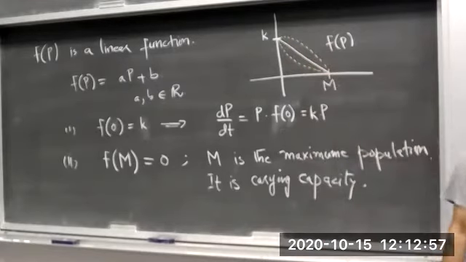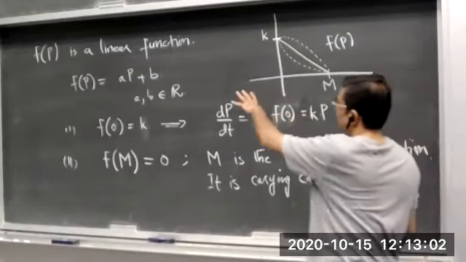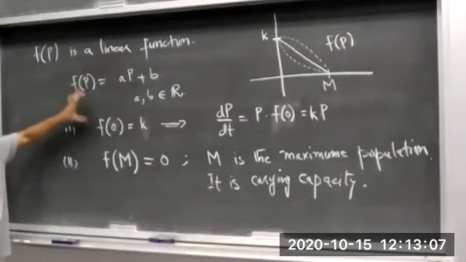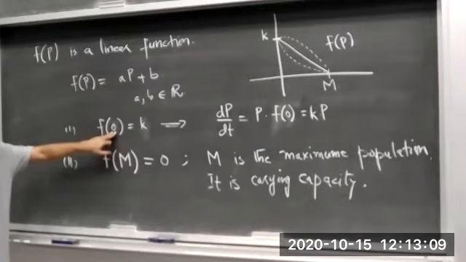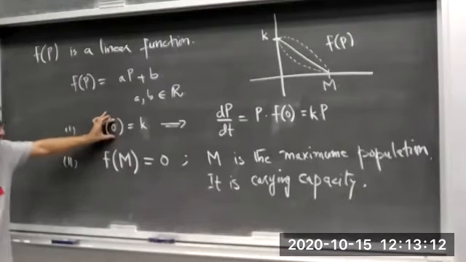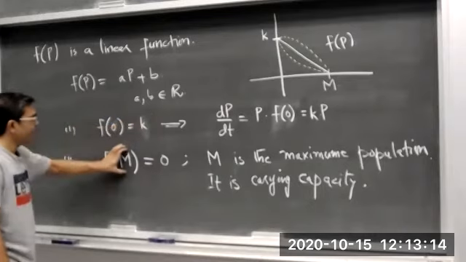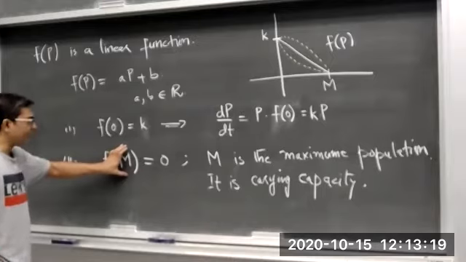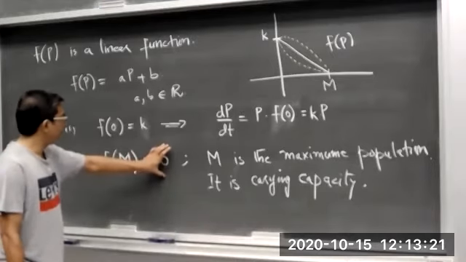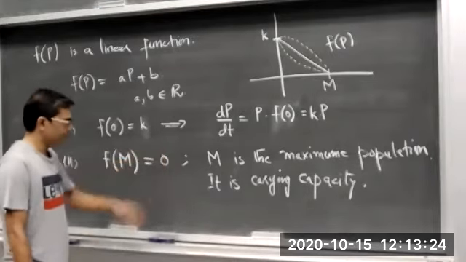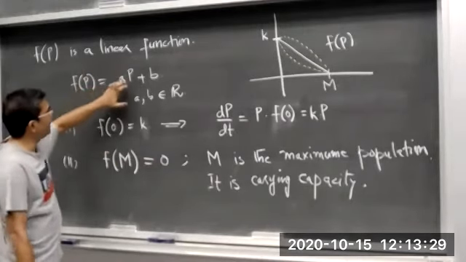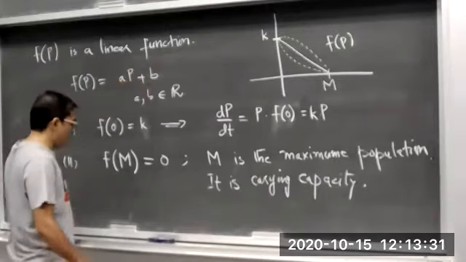So we assume that this function f of p is linear, and we put these two conditions on this function: that when there are 0 infected people, then the rate is k, and when there are maximum people who have been infected, then the rate of infection would become 0. Now, using these two conditions, if we try to find these two constants a and b, how can we find them?